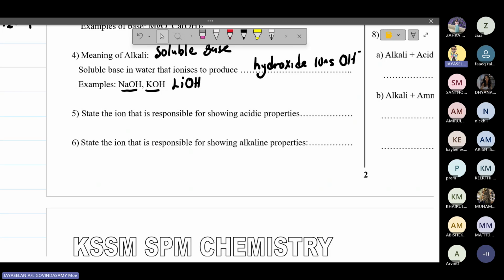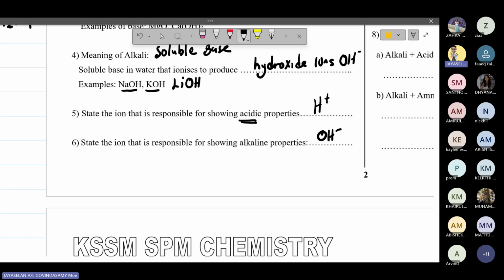Wrong. Cannot. The ion that is responsible for showing acidic properties is only hydrogen ion, or hydroxonium ion. The chloride ion is not. Must memorize. The ion that is responsible for showing alkaline properties is hydroxide ion.